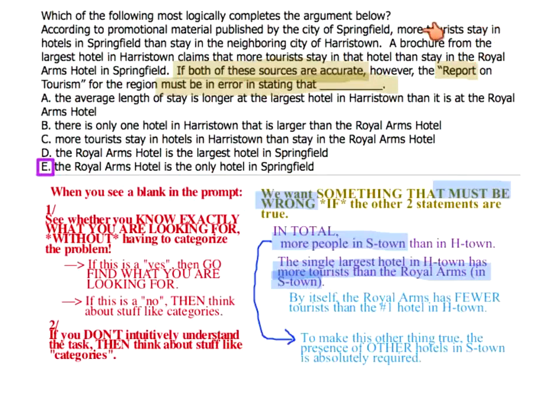Oh yeah, in the passage, that means aggregate total. More tourists stay in hotels in this town, meaning all of them. All the people staying in all the hotels in S-town or in H-town. That's how you know that we're talking about aggregates here.